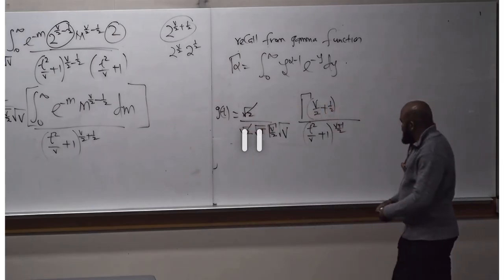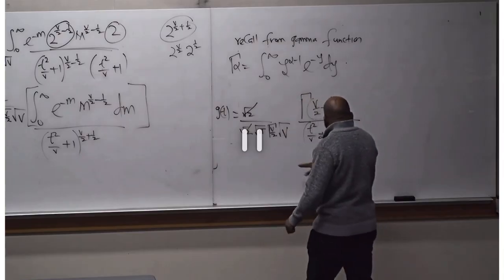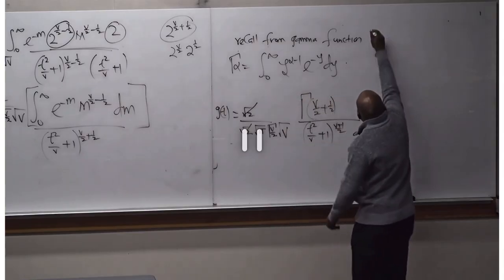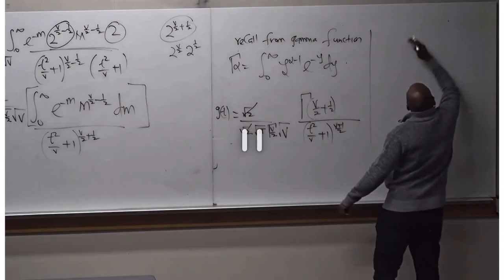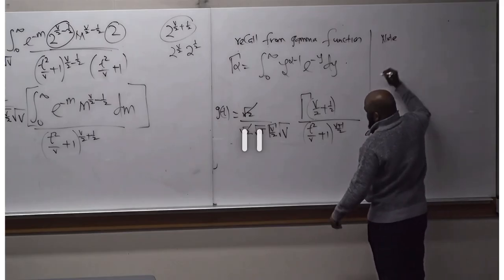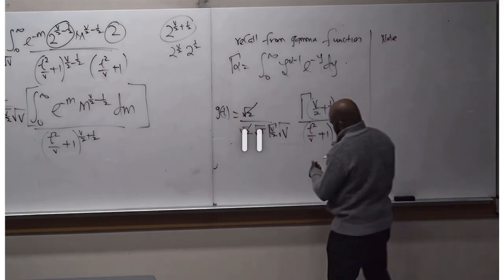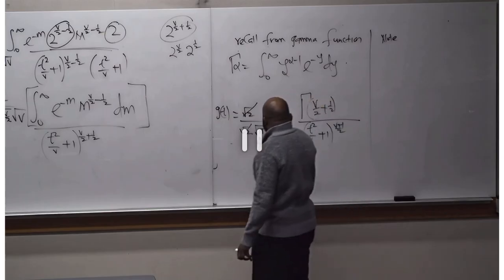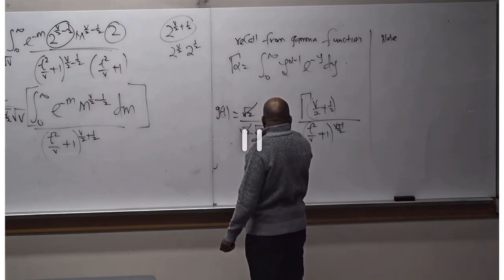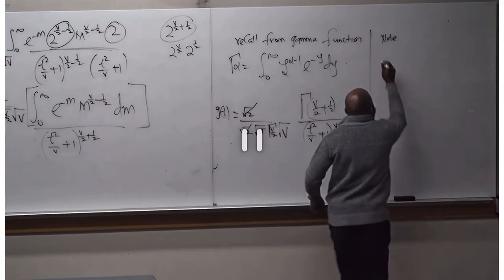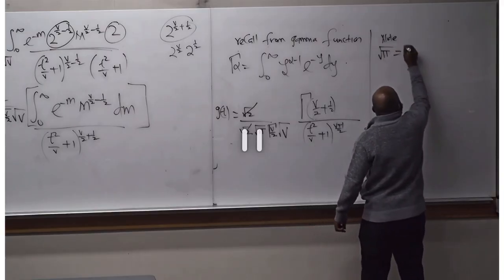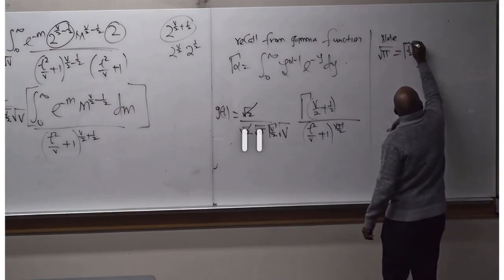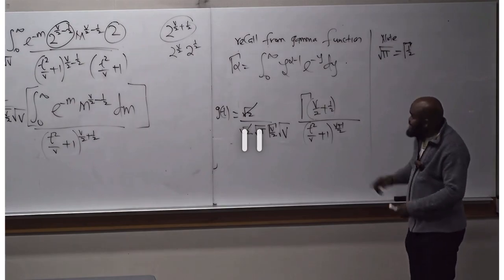Now, if you look at what I have now, from statistical theory, note that root pi is the same thing as gamma half. Root pi is gamma half.